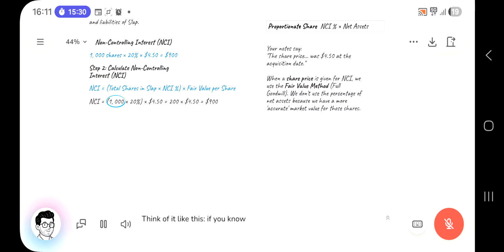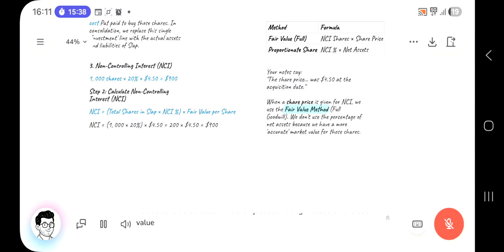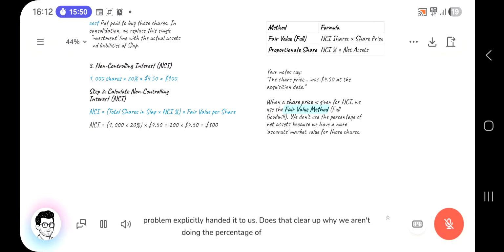If you know the actual market price of the shares, that's considered better info than just estimating it based on the book value of the assets. So, we use the share price method here because the problem explicitly handed it to us. Does that clear up why we aren't doing the percentage of net assets this time?